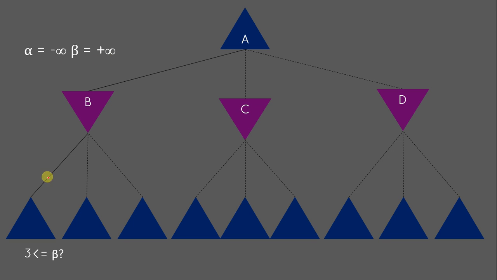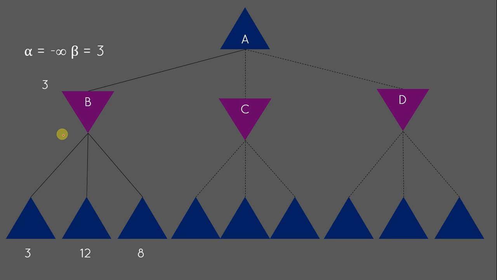Yes, so now the value of beta is 3. We're going to check if the other two leaf nodes are less than alpha and less than beta. 12 is not less than beta and not less than alpha. So we're going to 8. 8 is not less than beta and not less than alpha. So the min value of this node is 3.